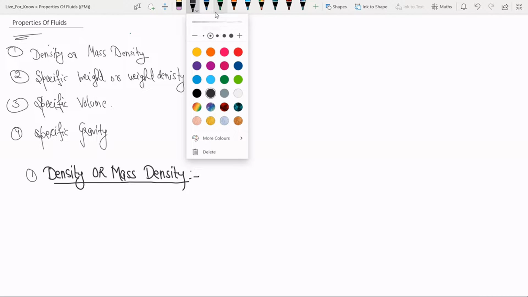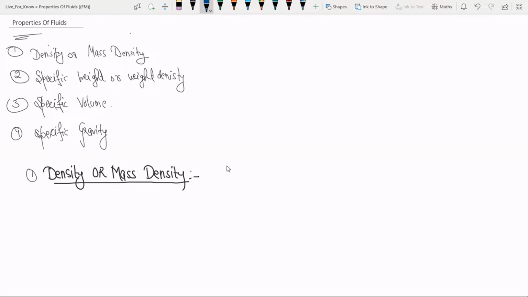Okay, so now first I define it. It is the ratio of the mass of the fluid to its volume. Simple.